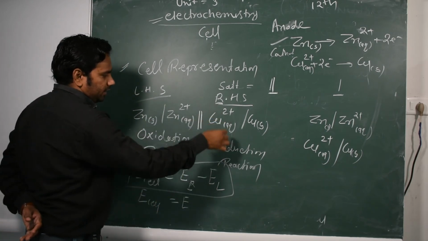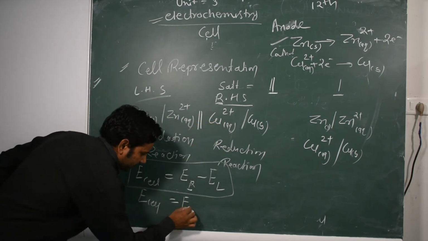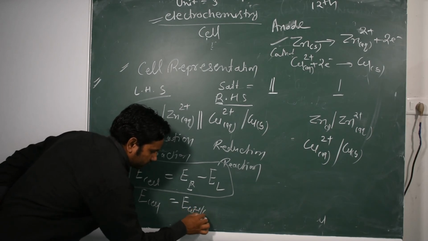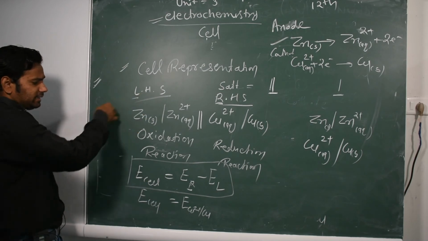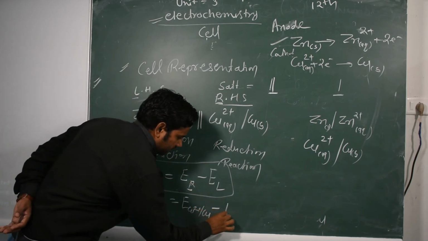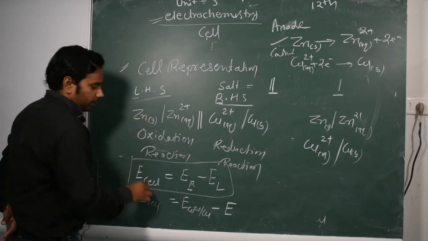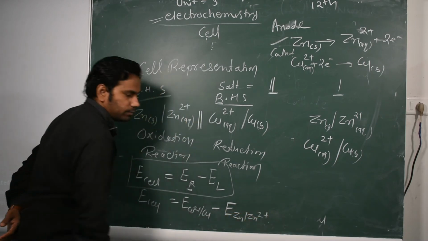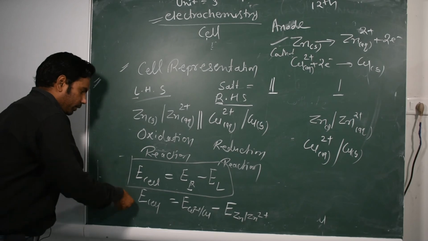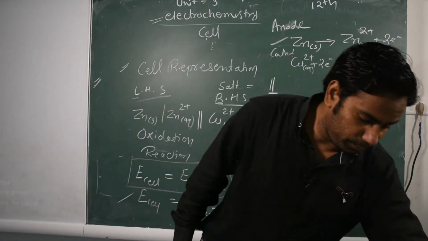Suppose I mention E R for copper, Cu2+ to Cu solid. Then minus E L for the LHS, where Zn converts into Zn2+.